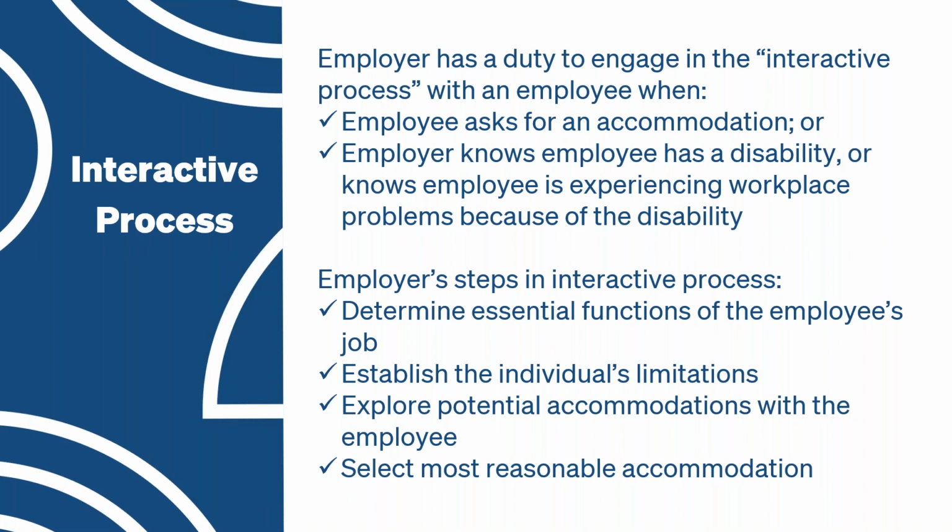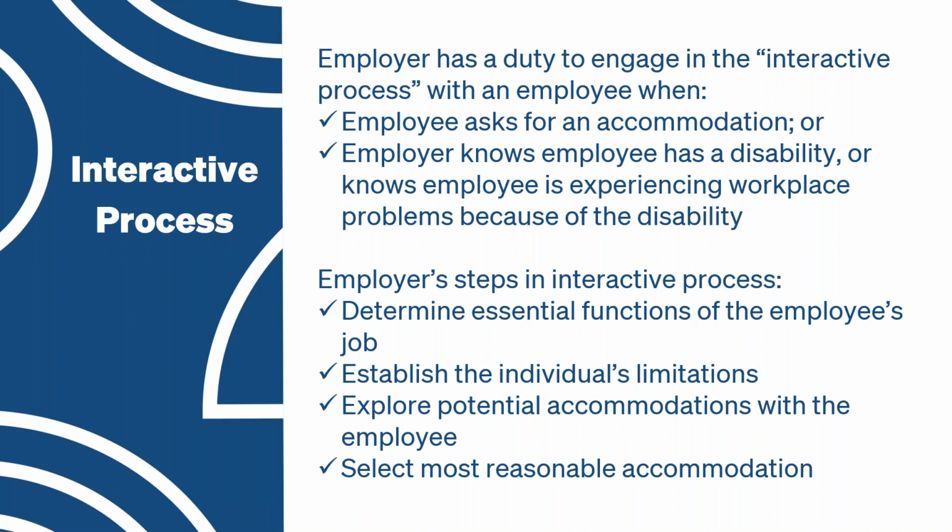So it's an open back and forth dialogue between you and the employee. You're sharing information. It's right in the name. It's interactive. It's open. Both parties are participating. Both parties have a duty to cooperate in the process and to provide information in good faith.